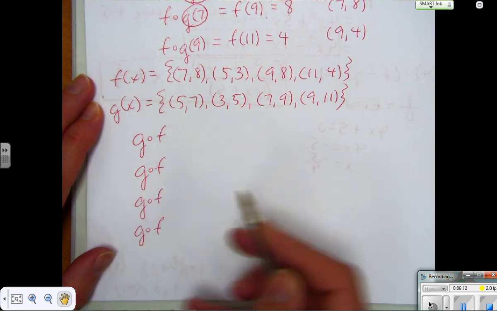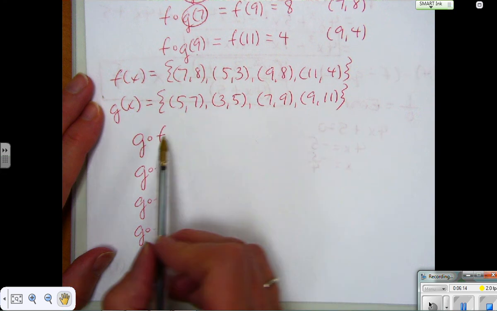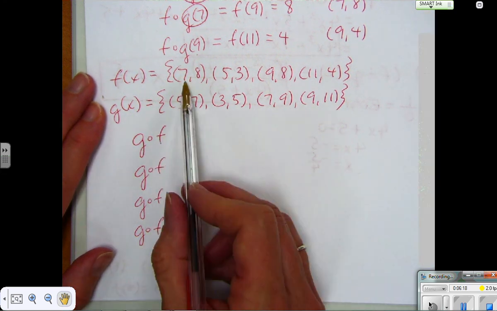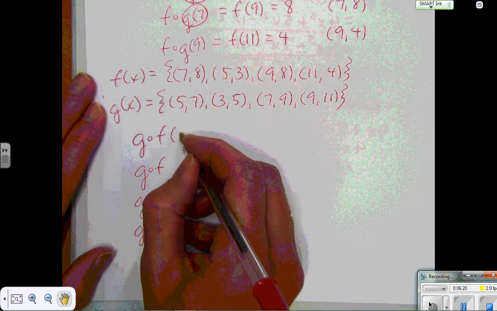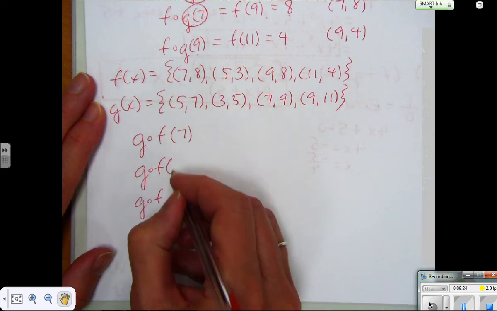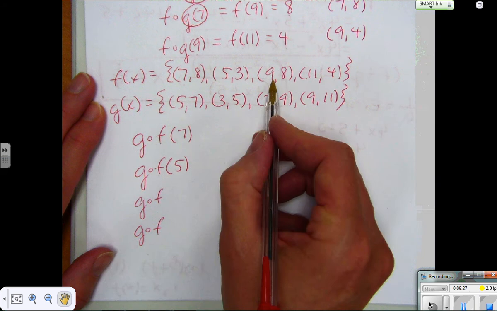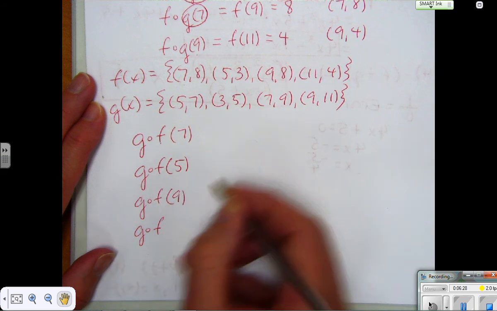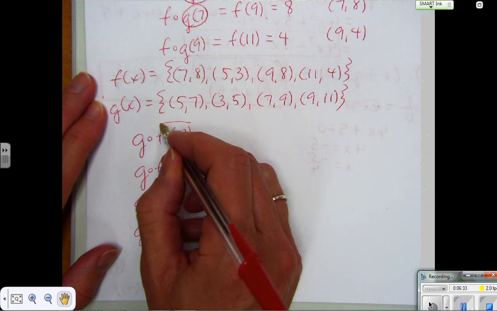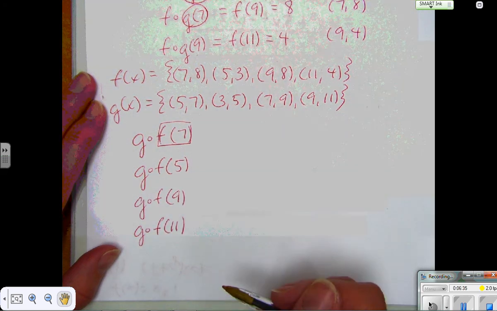and the beginning step is, since f is written last, I'm going to work with the f function first. So I'm going to go through and write down every x beside the f. So 7, 5, the next one is 9, the next one is 11. Alright, so first I'm going to find the y value when f is 7, and that's 8.